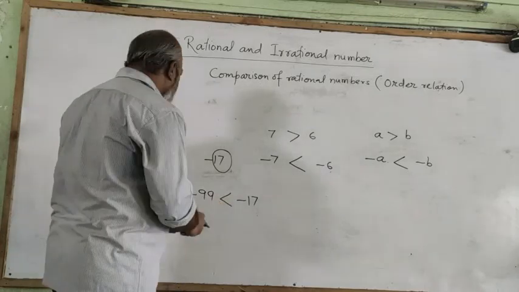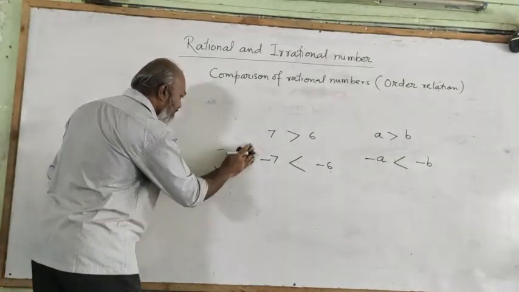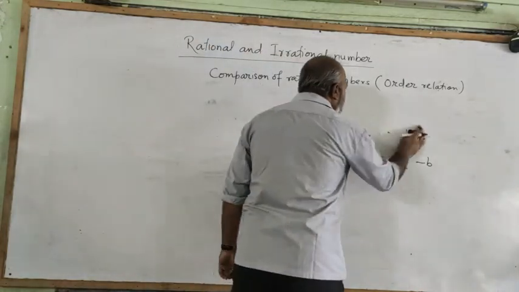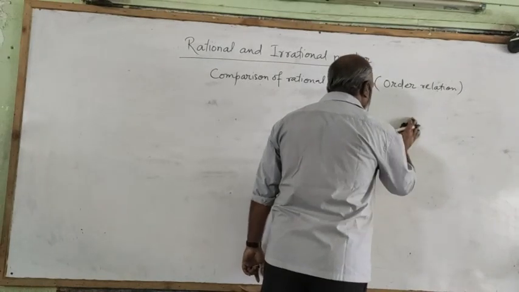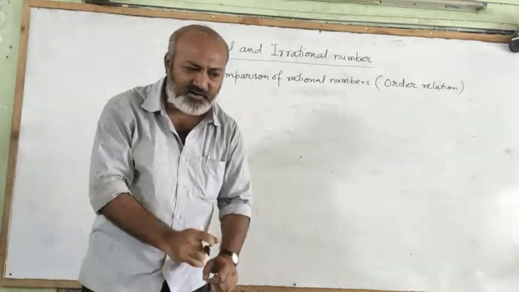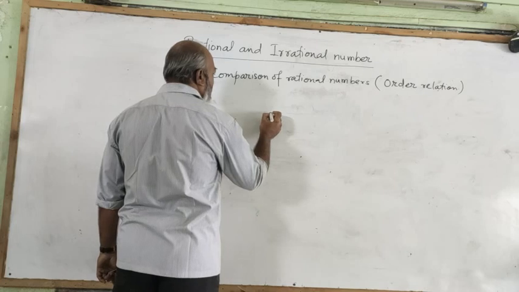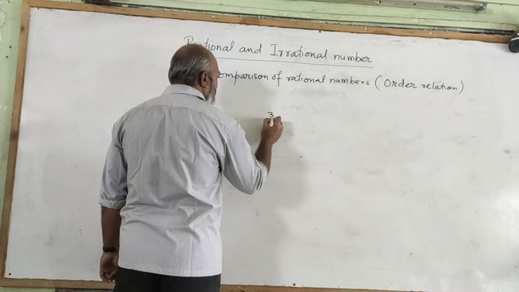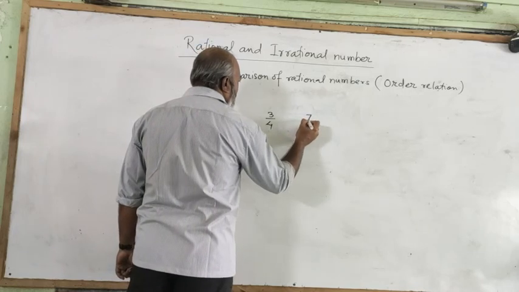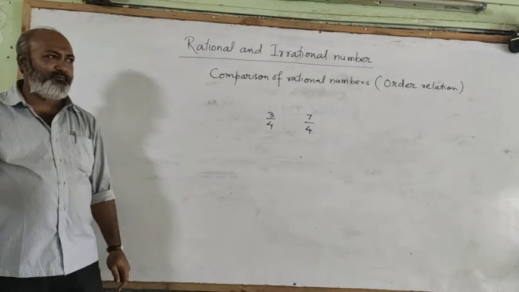If you are given rational numbers, then how will you compare them? These are the integers. I have shown you only integers. Now the rational numbers, like this one, 3 by 4, 7 by 4.